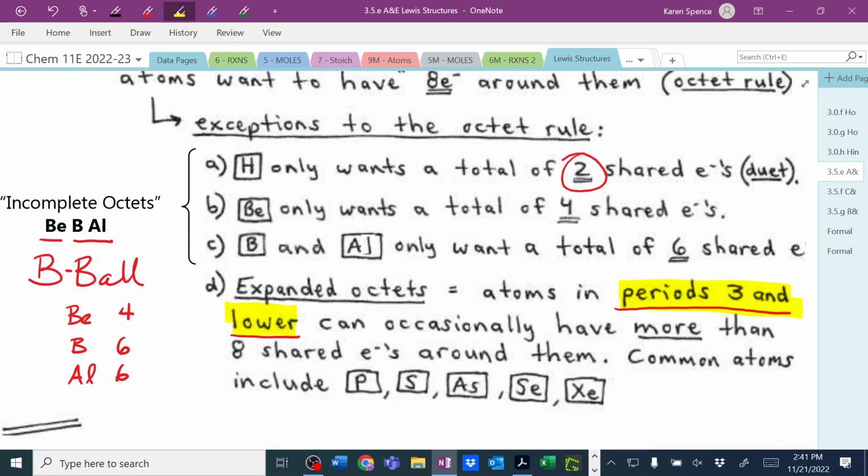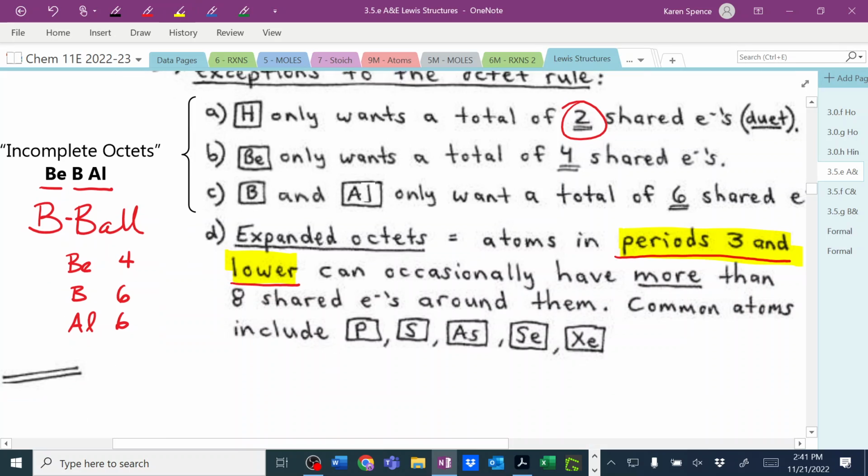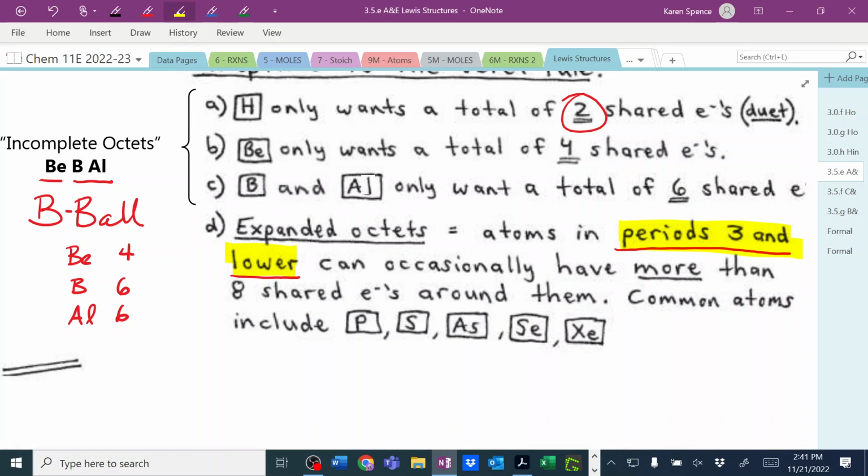No, you don't, but it might help you remember that that's why you can have more than 8 electrons. That's what they mean by expanded octet. You can sometimes have more than 8 shared electrons around them. Not 18, you'll usually end up with either 10 or 12.